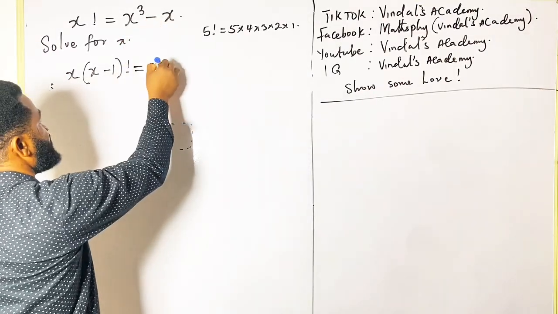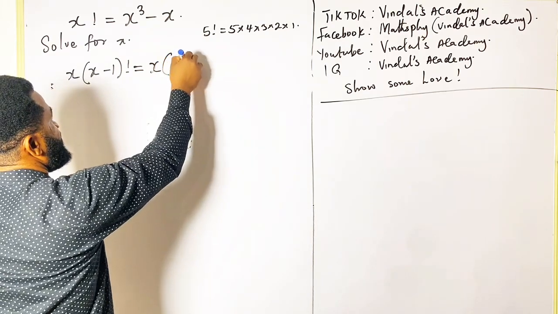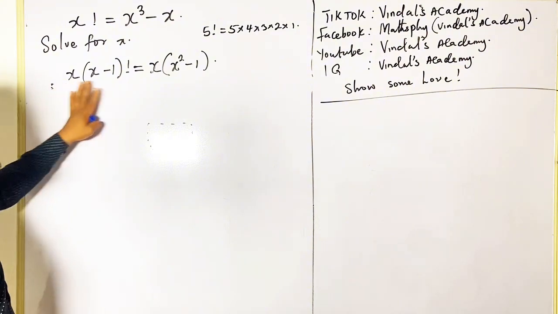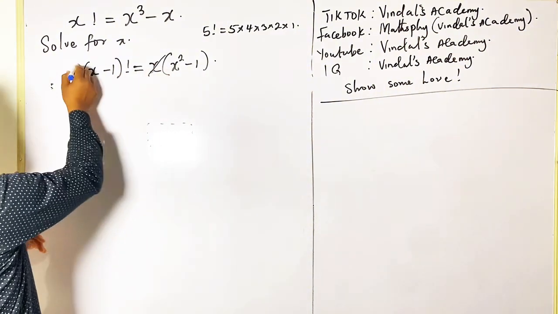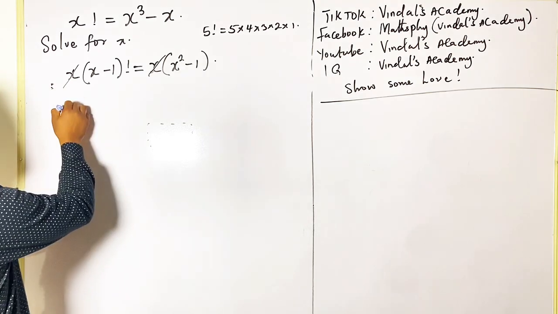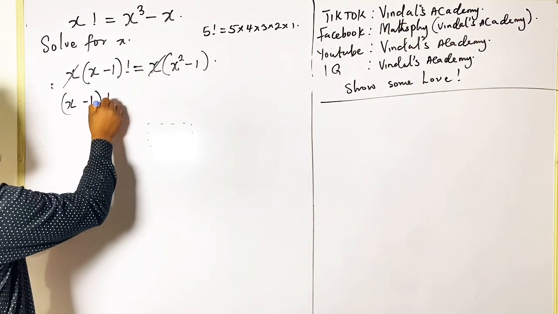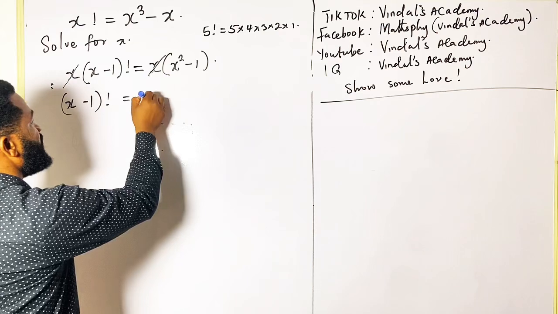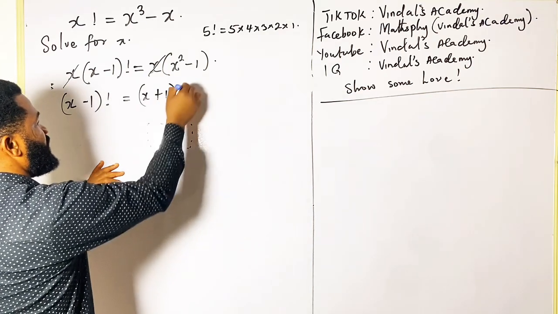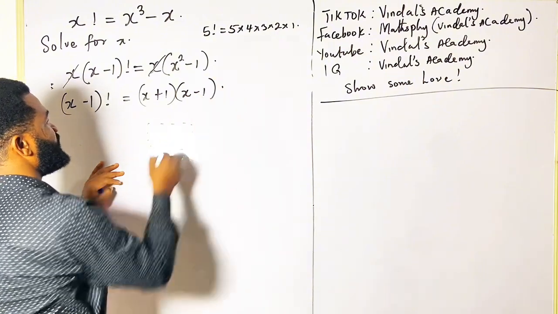I'm going to have x bracket x squared minus 1. At this point, remember, x is here, x is here. I can cancel them. They can divide each other. So when they do that, I'm going to have x minus 1 factorial, which is going to be equal to x plus 1 and bracket x minus 1.